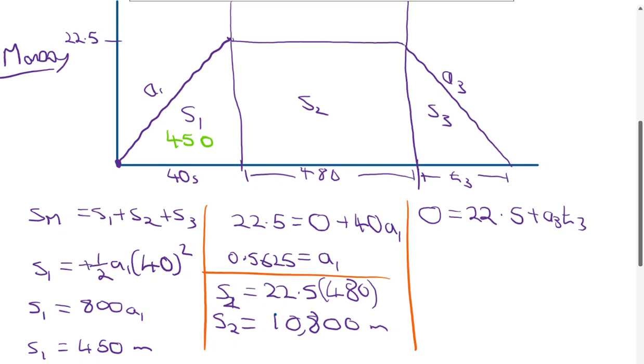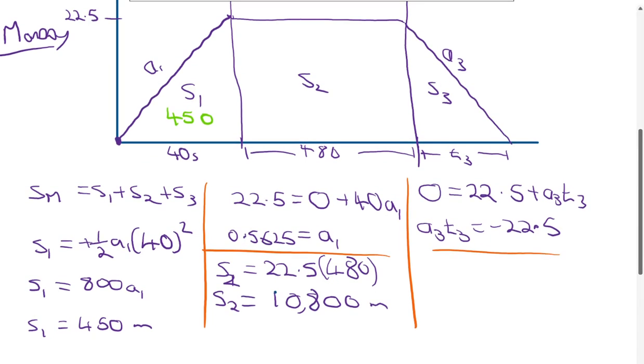There we go. So that's something we might be able to work with, and actually that's nice enough because that gives us A3 T3 equals minus 22.5, which is correct because we know it's a deceleration and it is negative. Because the slope of this is downwards, that has to be negative. So that's good that we are on the right track, hopefully. So that's one thing we know.